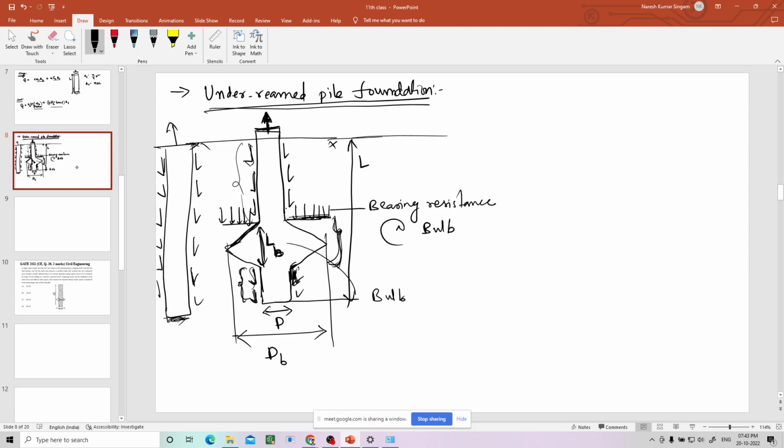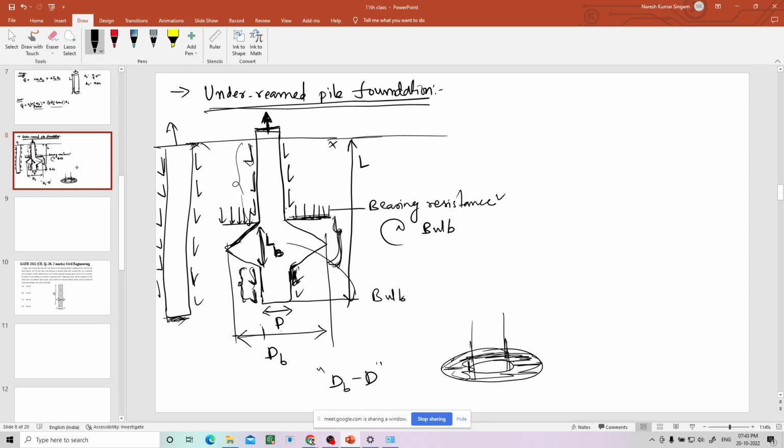So, what is the diameter of this particular bulb? If you deduct D from the dB, you will get the diameter. So it's like you are deducting this portion. So this annular space will give the bearing resistance. It will act as bearing.